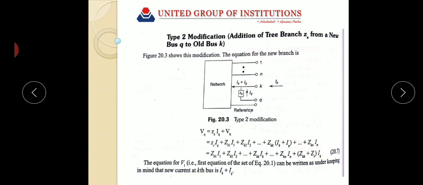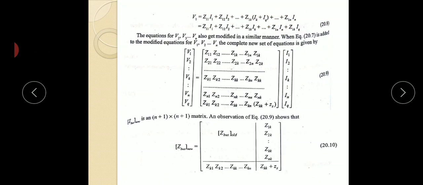The equation for V1, that means the first equation of the set of equation 20.1 as in the previous slide, can be written, keeping in mind that the new current at the kth bus is IK plus IQ. Okay, so we have V1 equal to Z11 I1, Z12 I2 and so on, Z1n In.